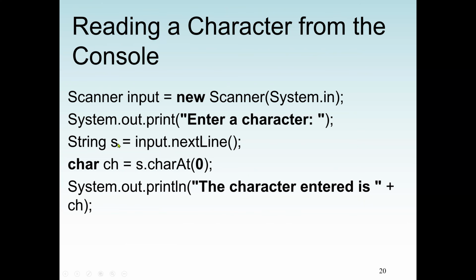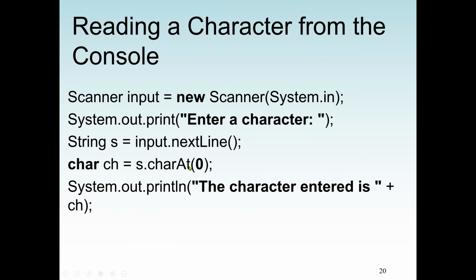Declare data type String s, and we can say input.nextLine. Now, after the user enters the content, next we have s.charAt(0), and we assign it to ch. So what we are doing here is that we enter a string, which can be as many characters as you want, but we want to take the first character.